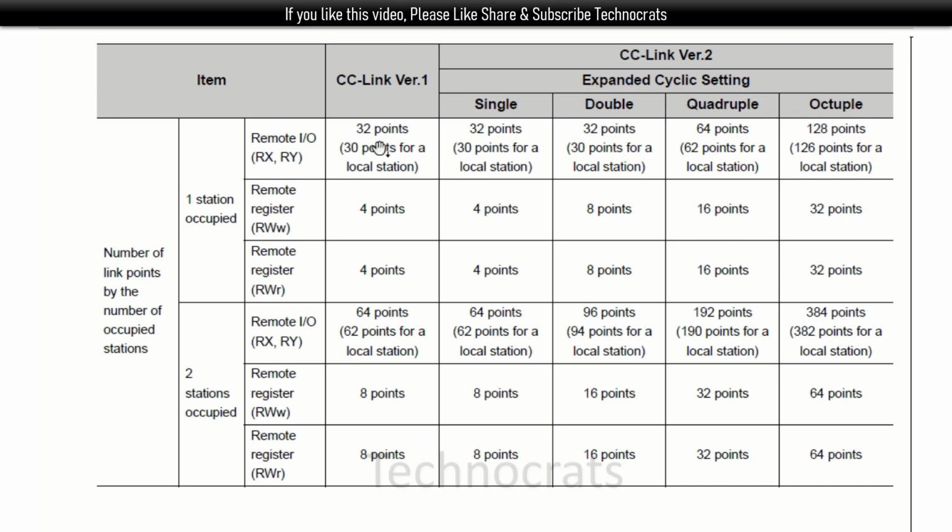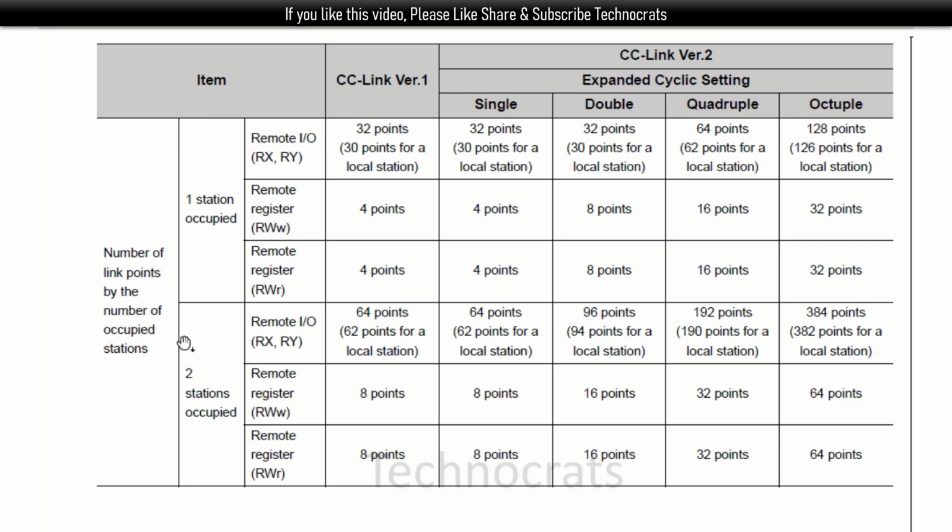Apart from that, it will also occupy 32 RYs and 4 data register for write and 4 data register for read, but they will not be used in the system.